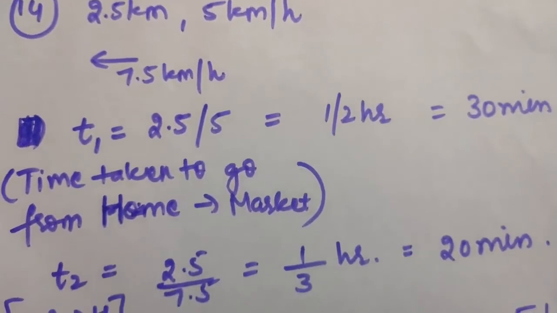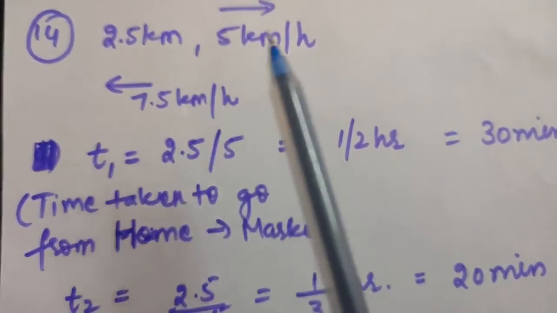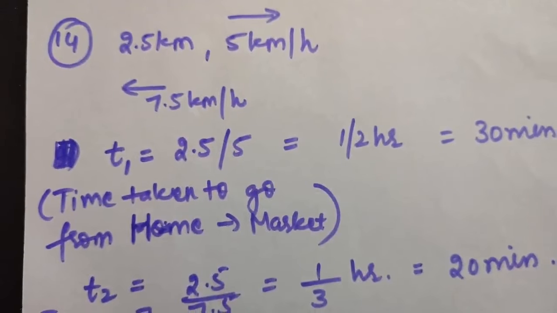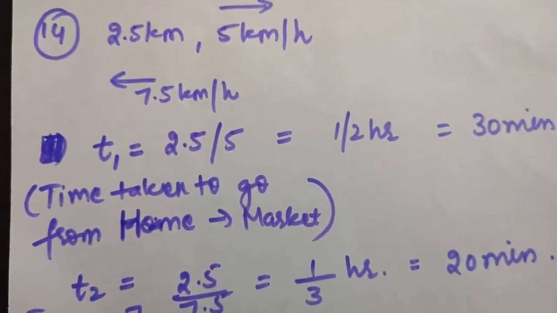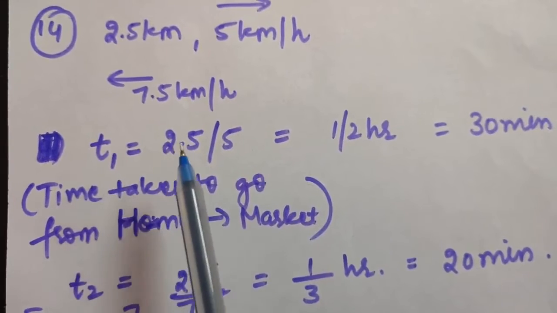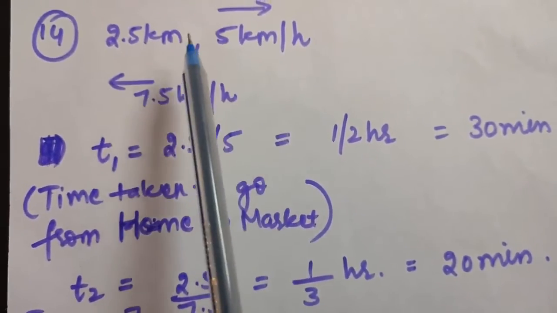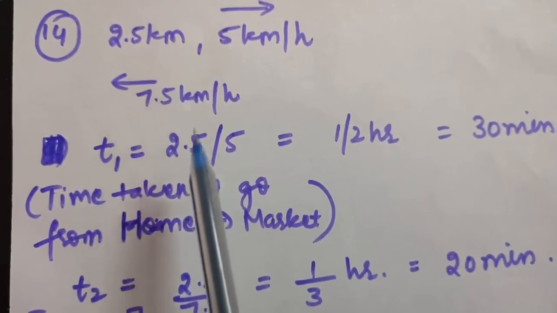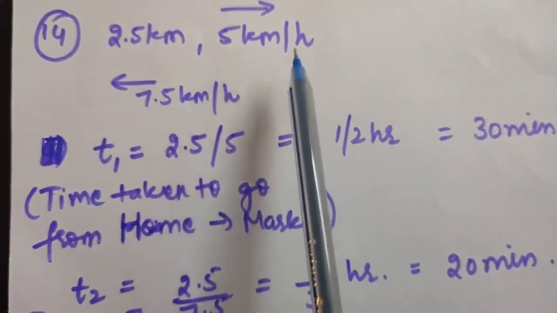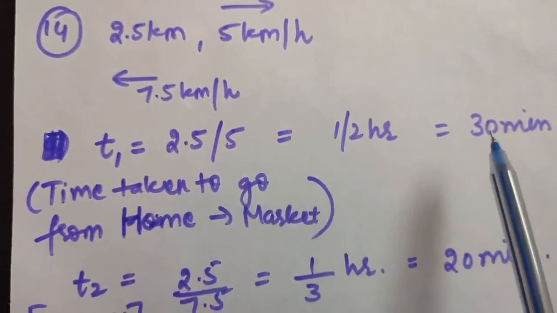So to calculate that, first of all, let us calculate the time taken by him to go from home to market, and then the time taken by him for coming from market to home. As you know, time is distance upon speed. So for going from home to market, distance is 2.5 kilometers and speed is 5 kilometer per hour. When you divide them, you will get half hour, or you can say 30 minutes.